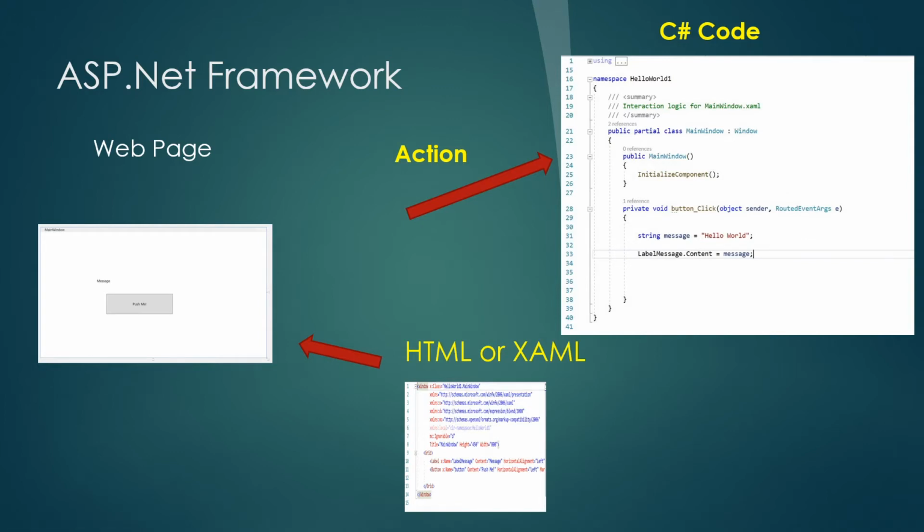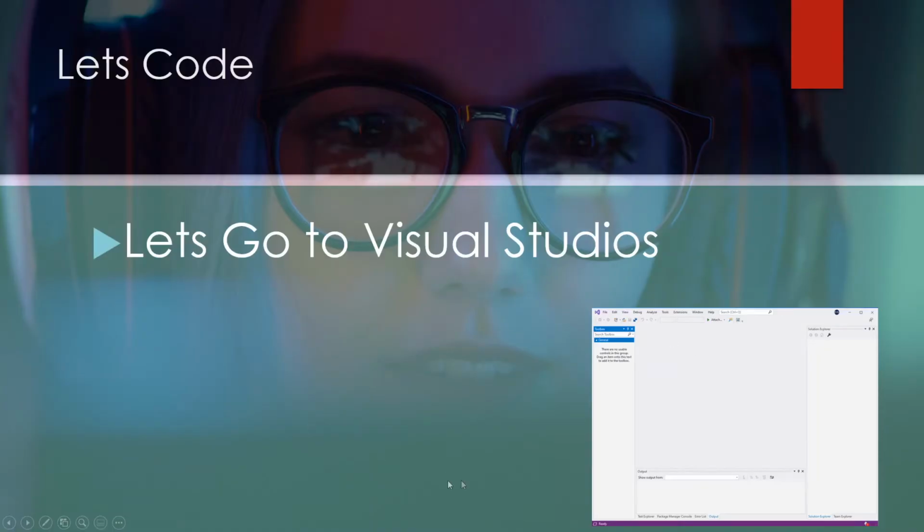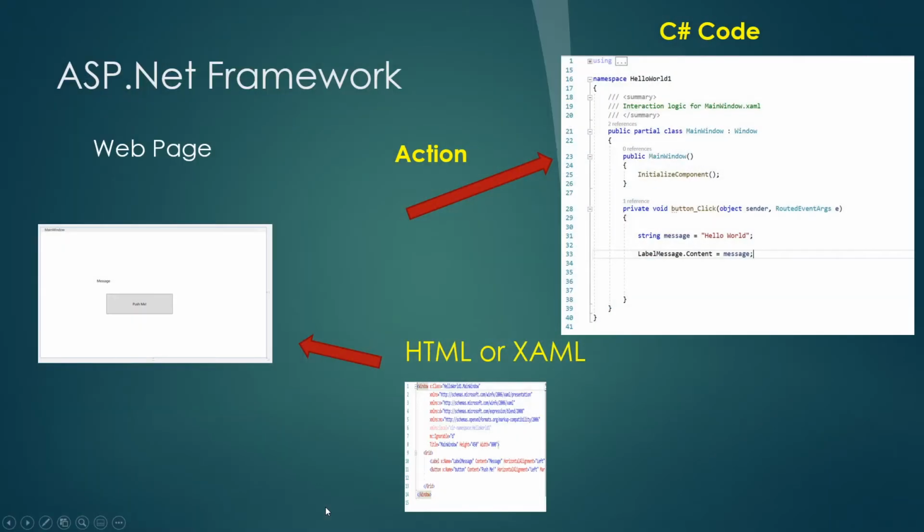The things that we want to happen on our page are tied to our code there. And if you remember correctly, we had down here button click, and our button click is where we created a string, which is a bucket to be able to hold data. And we put the words Hello World in there.